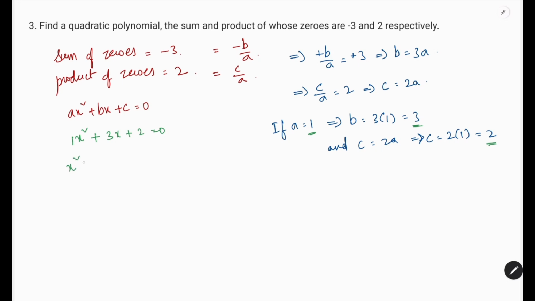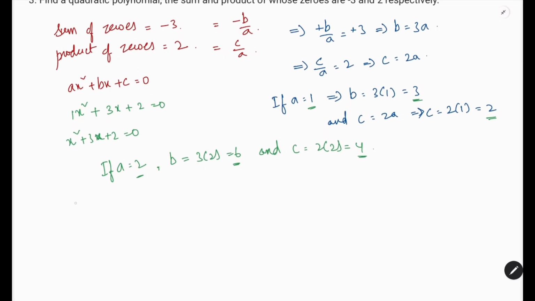So x square plus 3x plus 2 is the quadratic equation. And if you take any other value of a, if a equal to 2, then the values of b and c will change accordingly. Then b equal to 3 into 2 equal to 6 and c equal to 2a, it is 4. So these values will change accordingly if the value of a is changed.